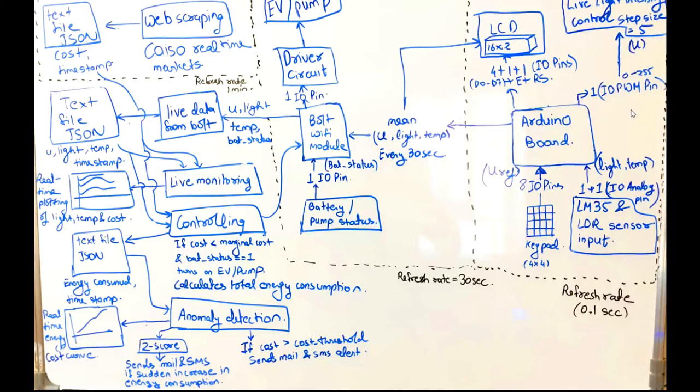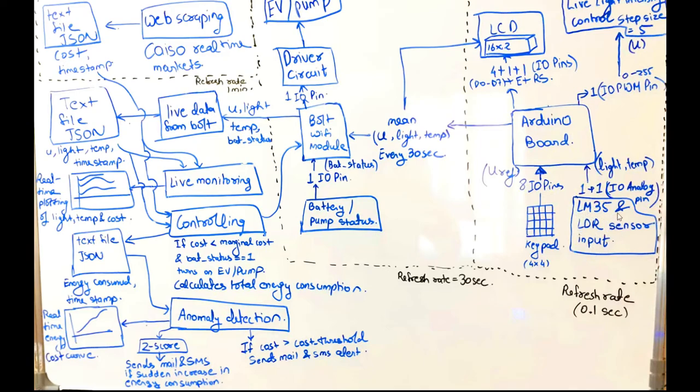So what is happening is, the Arduino board is connected with 8 input output pins through a keyboard. This 4x4 keyboard is used to add the reference values. You can submit a U reference value to the Arduino board. The Arduino board saves this U reference value, and then it captures the light intensity using the LDR sensor input.